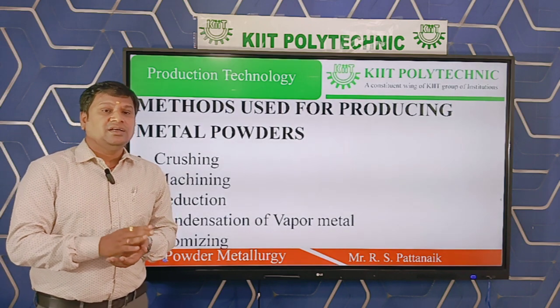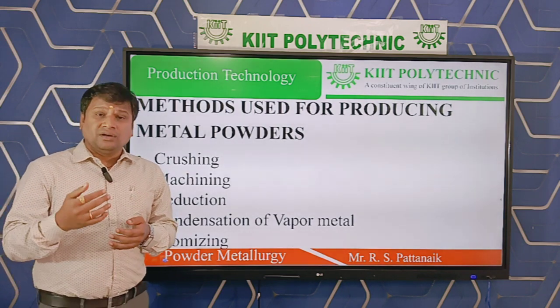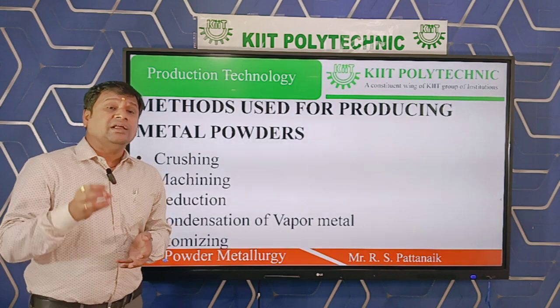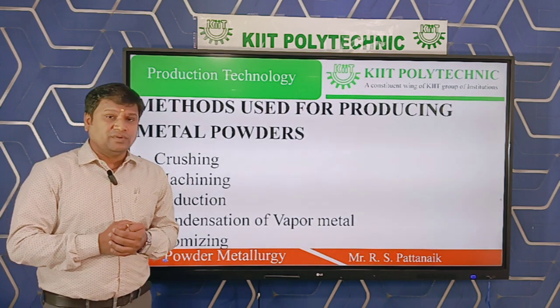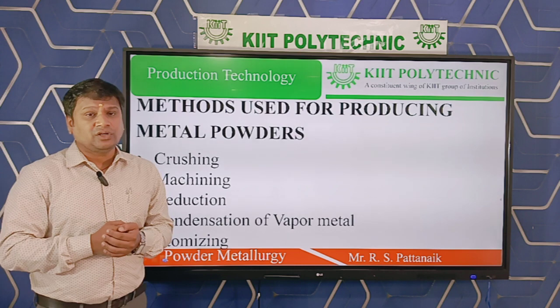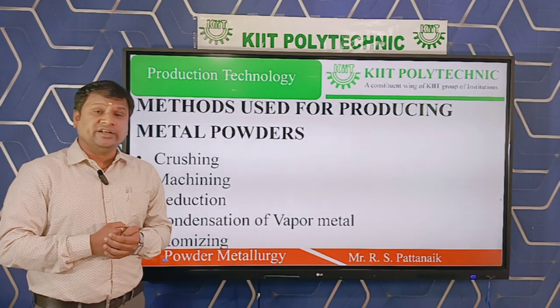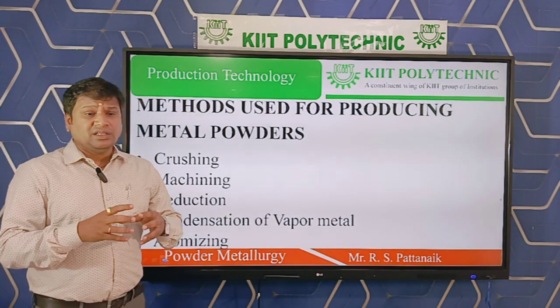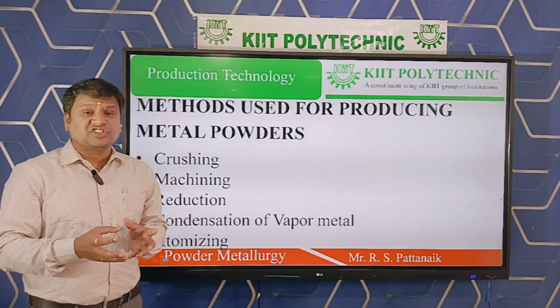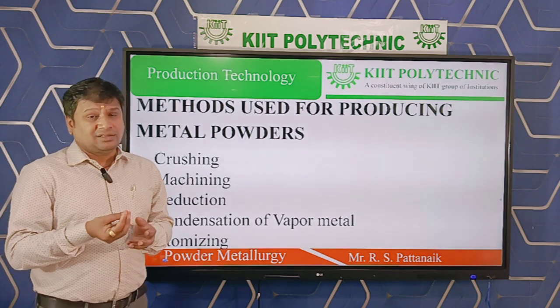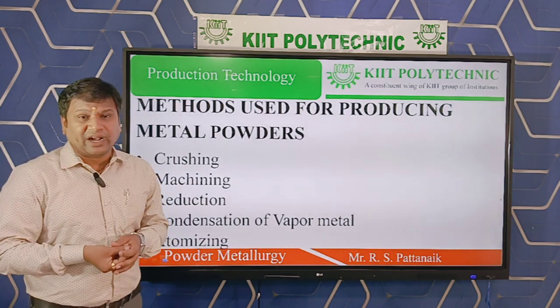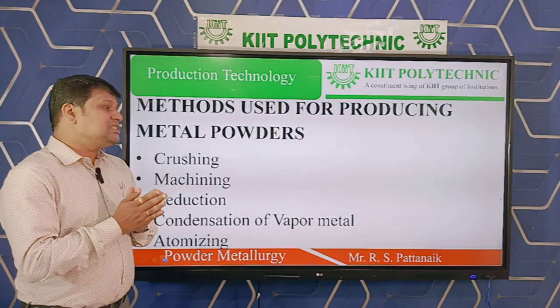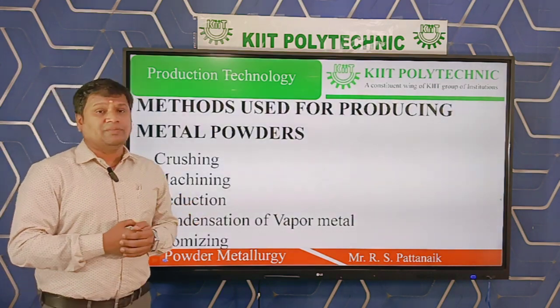Zinc oxide is heated with the powdered charcoal until zinc vapor is formed due to the reaction of carbon monoxide and zinc oxide. Then the zinc vapor is condensed and collected as dust like particles. Okay, so this is the method of condensation of vapor metal.